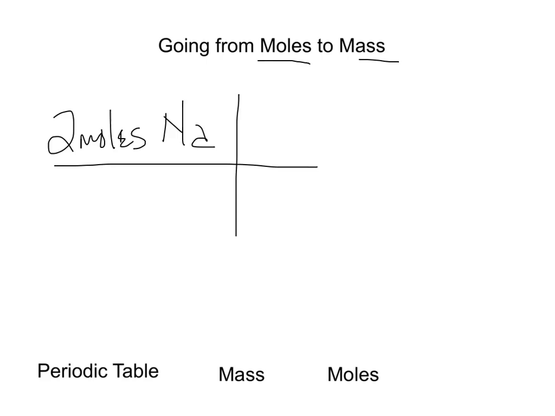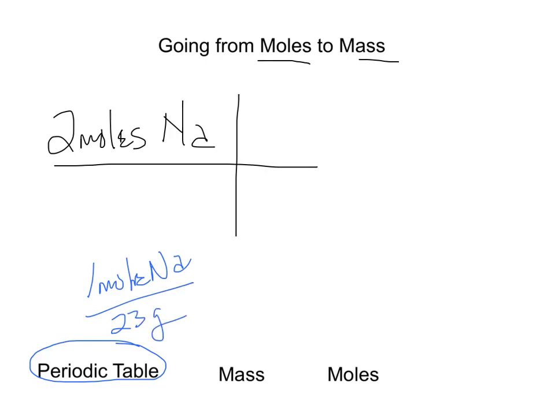And once again, I want to now use the periodic table. I look at the periodic table, and I say that 1 mole of sodium is 23 grams. Now, which one do I put on top?